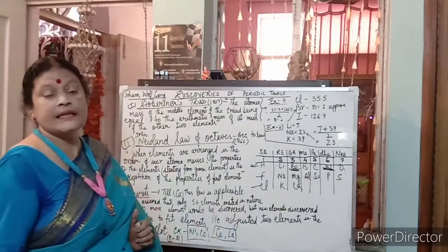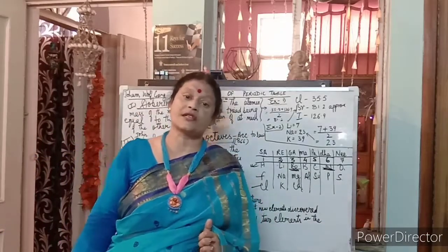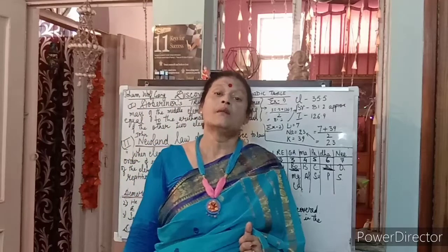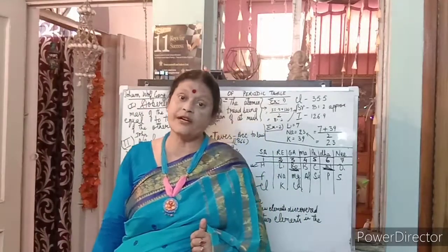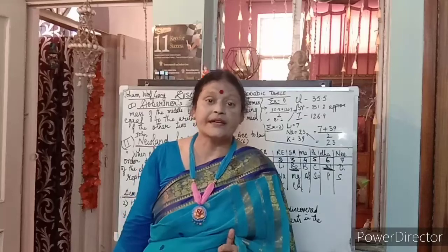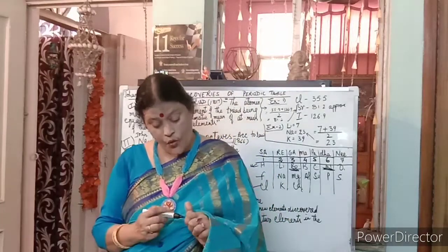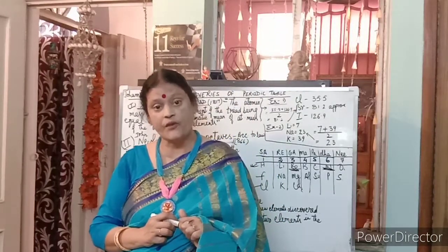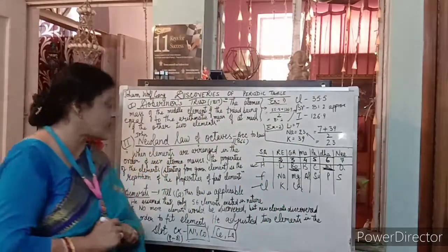See. This is known as Newlands' law of octaves, depending upon the musical notes he discovered, and what he found is that every 8th element shows the repetition of the properties of the first element. Now what does his law say?